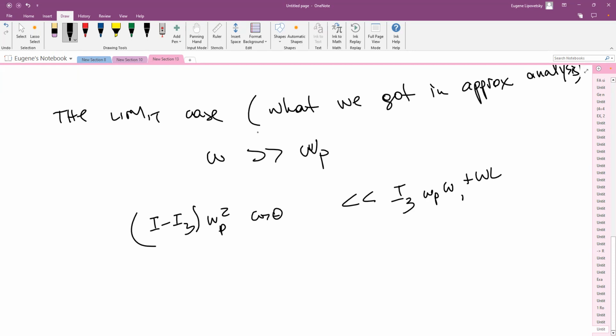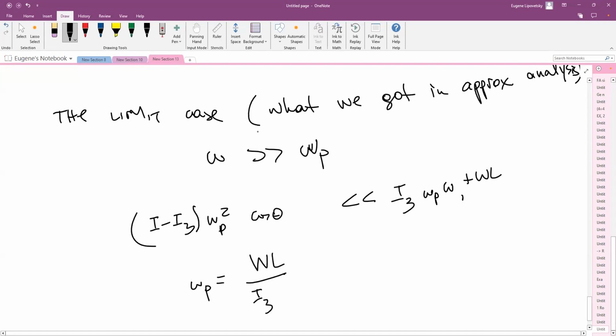So in that case, you have omega p equals WL over I_z omega. Always said that, call this one spin, all right?